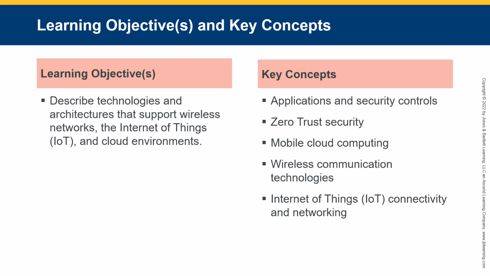So basically this module is about being able to describe technologies and the architecture that supports wireless communication, including Internet of Things, IoT, and we're going to keep it very general, just IoT, none of the specialty subcategories. And then we're going to wrap it up with our cloud environments. So again, we're kind of wide breadth, but we're not going to be going too deep, so let's jump right on in.